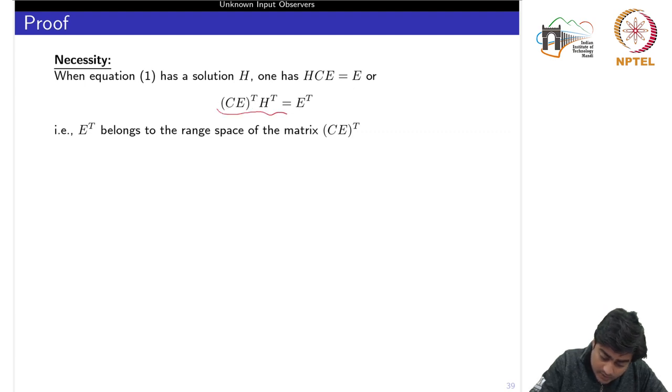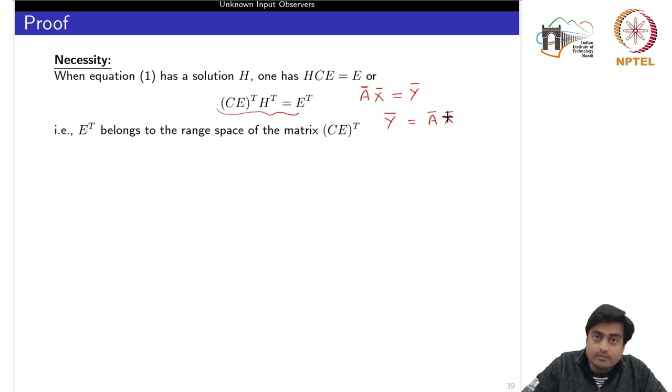Now pay attention to this equation. I can write this equation by calling CE transpose A bar, H transpose X bar, and E transpose Y bar. We had seen these types of equations earlier. So let's write this in a common notation as Y bar is equal to A bar X bar, where Y bar is E transpose, X bar is H transpose, and A bar is CE transpose.